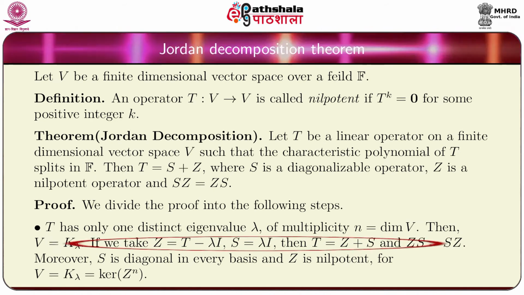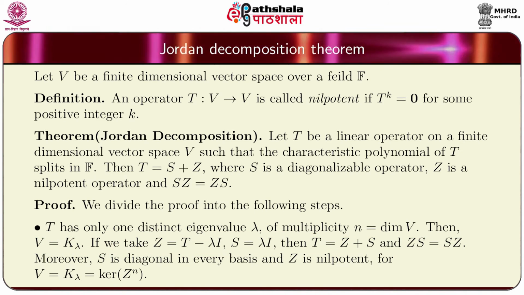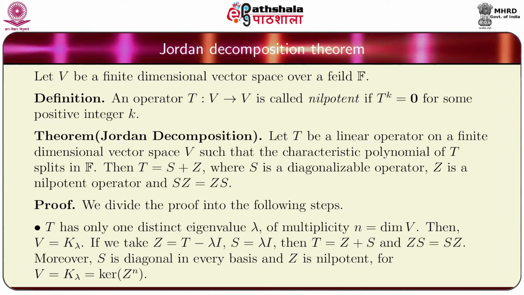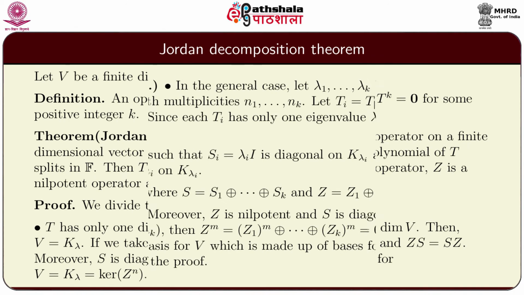If we take Z equal to T minus lambda I and S equal to lambda I, then T is equal to Z plus S, and also it is easy to see that ZS is the same as SZ. S is diagonal in every basis and Z is nilpotent, for V is K lambda, and that is kernel Z to the power n.